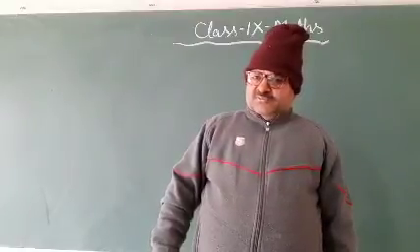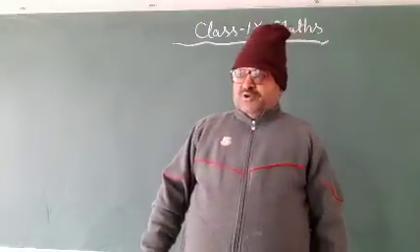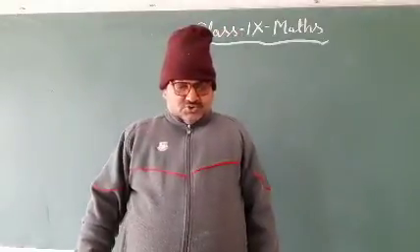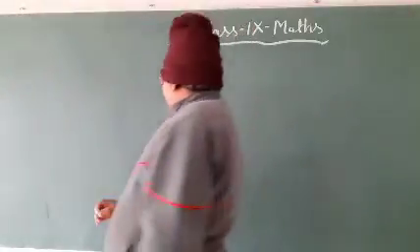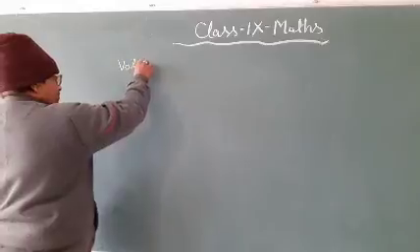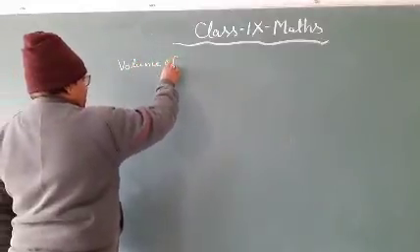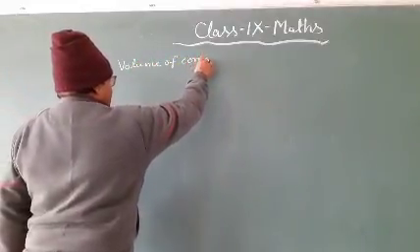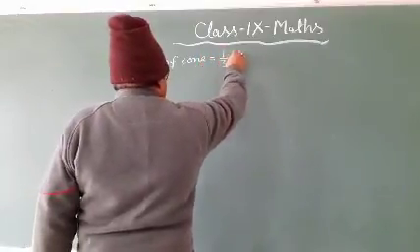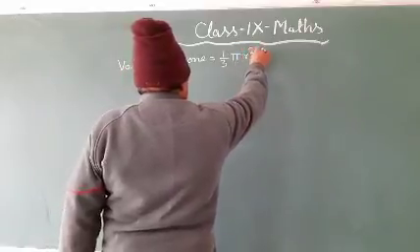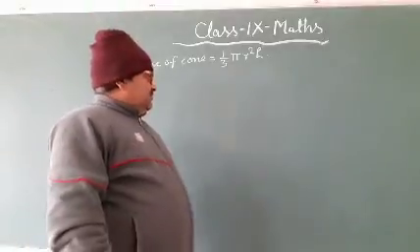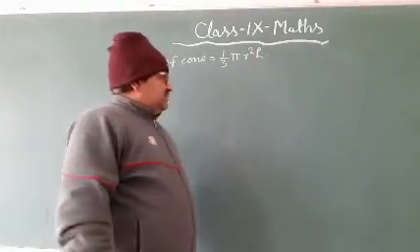Now today we discuss the volume of a cone. Volume of a cone equals 1 by 3 pi r square h.